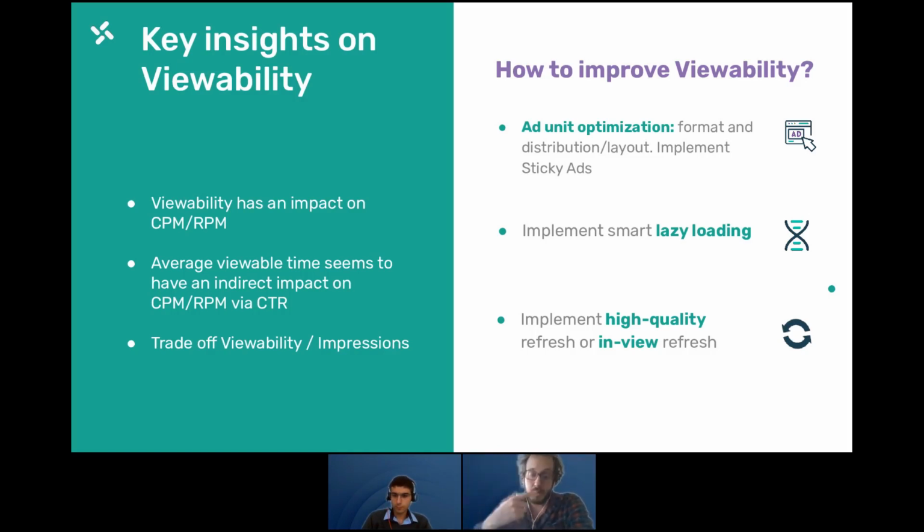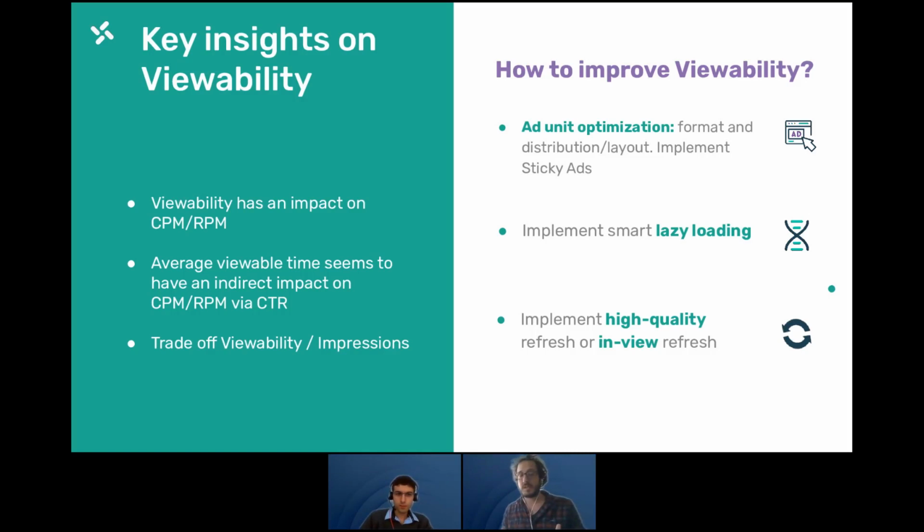But what we also found out, and this is very important, the key element you need to take away, is that there's a trade-off between viewability and impressions, because obviously, if you try to have your inventory more viewable, you might end up cutting off some impressions.